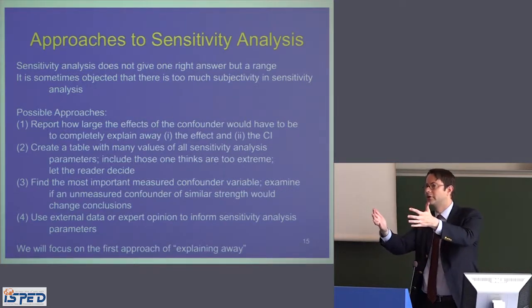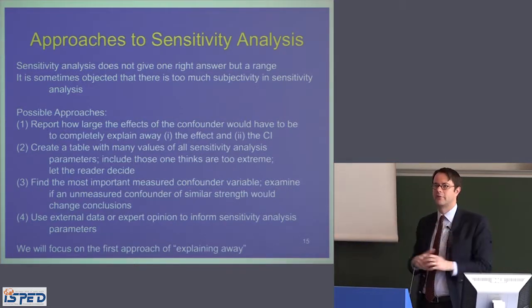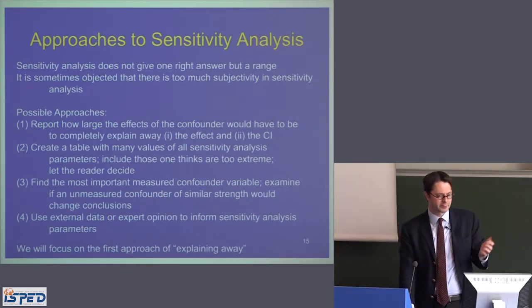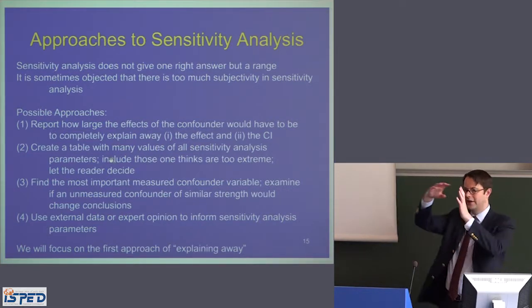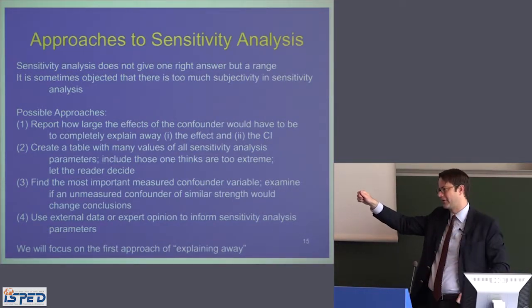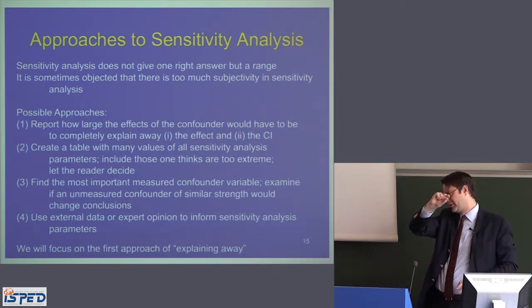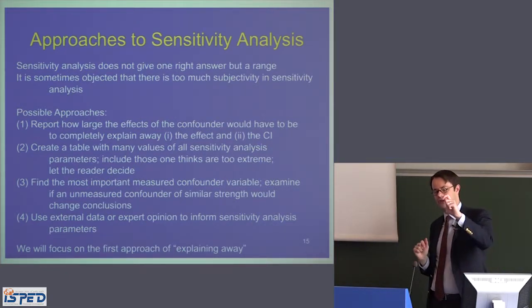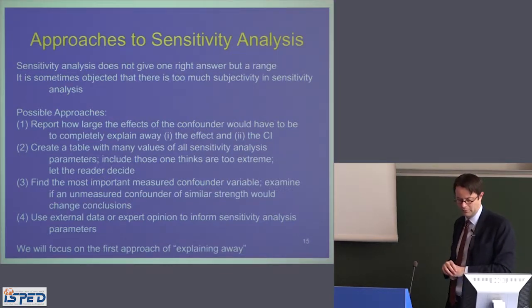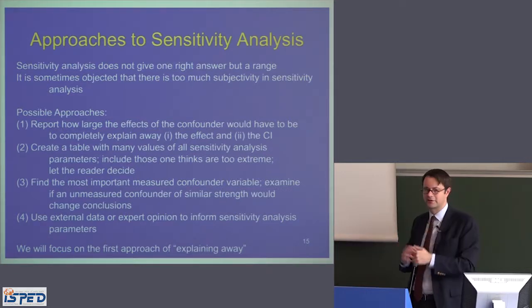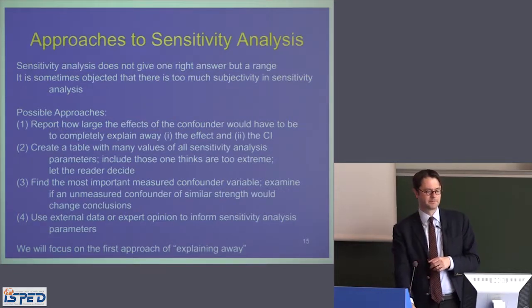And then we can let the reader decide whether they think that amount of unmeasured confounding is plausible or not. A second approach would be to create a big table of values with lots of sensitivity analysis parameter values. Could put the relationship between the exposure and the outcome on one axis, the relationship between the unmeasured confounder and the exposure on the other, and get a range of corrected estimates, and again, let the reader decide what they think is plausible.